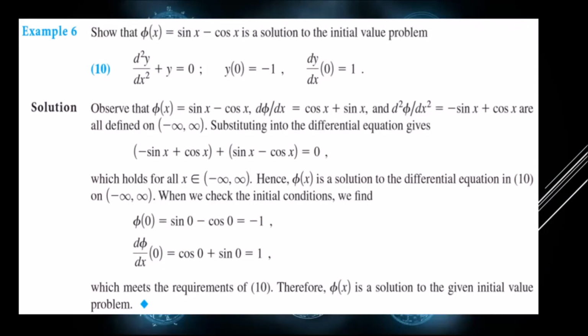Example 6. Show that phi of x equal to sine x minus cos x is a solution to the initial value problem d squared y over dx squared plus y equal to 0, with initial conditions y of 0 equal to negative 1 and dy over dx of 0 equal to 1.